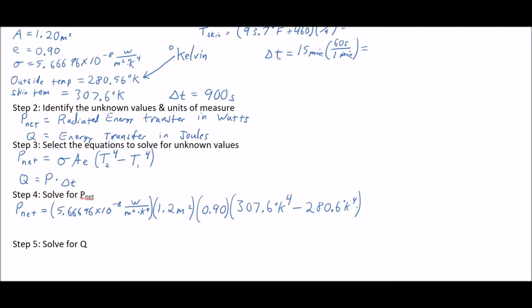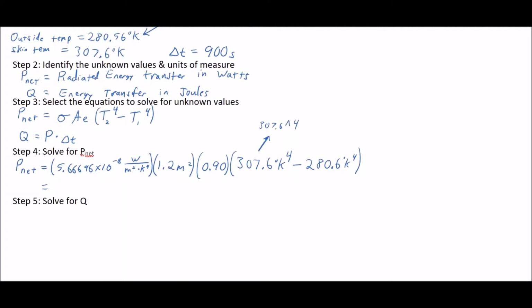Just follow the order of operations. Use parentheses whenever you're in doubt, and you'll be fine. You have to use the caret key, so in your calculator you'll enter 307.6 caret 4 in order to calculate that, and the same thing for the other one. So just be aware of that.